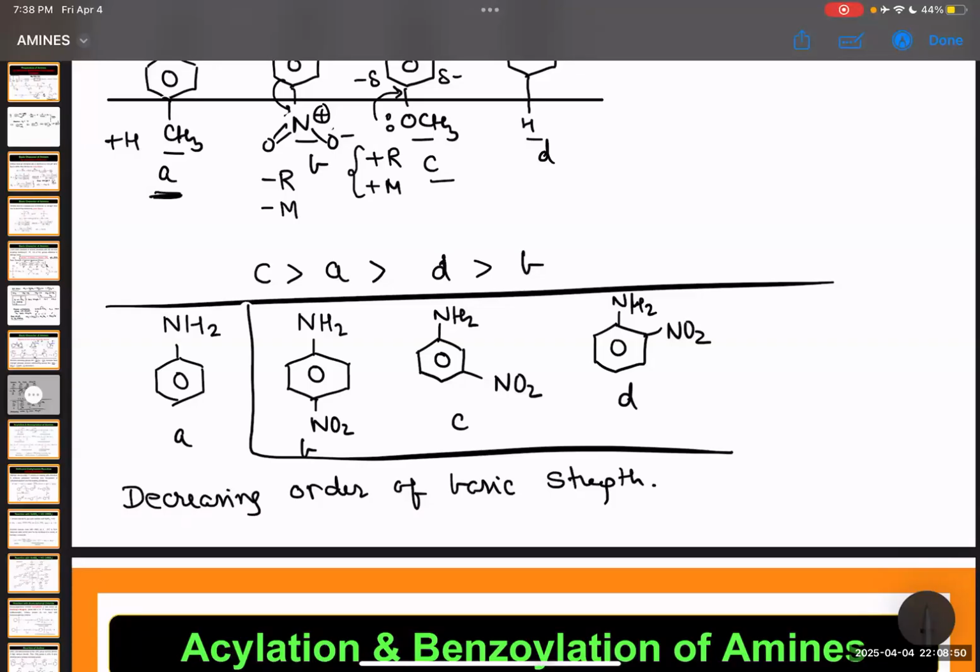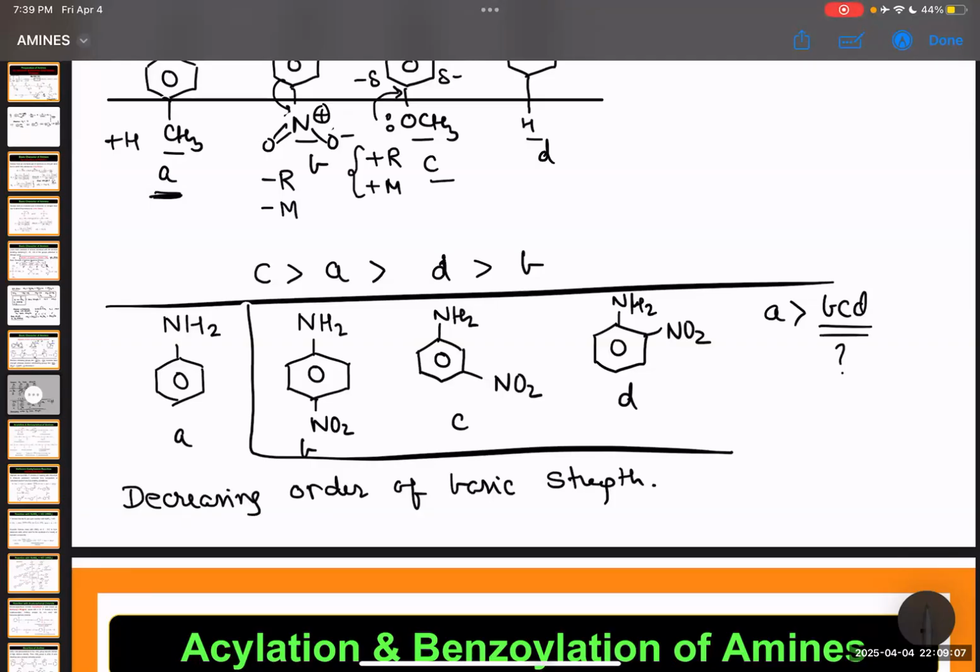So one thing is sure that B, C, and D are less basic than A. But within B, C, D, what's the order?